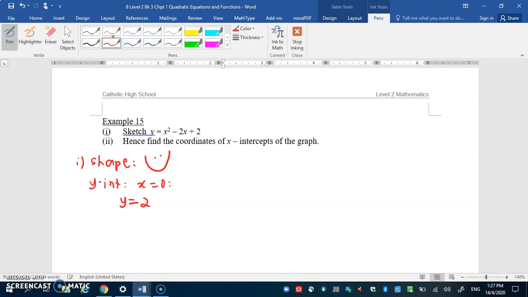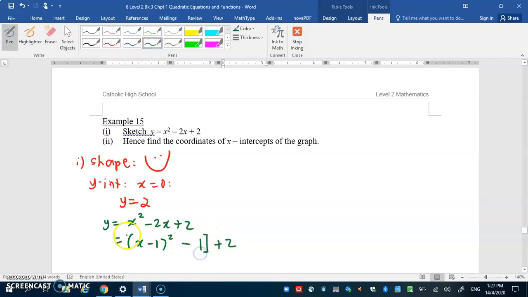Now, we need to know this equation in the completed square form first before we can find the turning point. So, let's do completing the square right now. You guys are so familiar with this already. This will become x minus 1, whole thing squared, minus 1, plus 2.